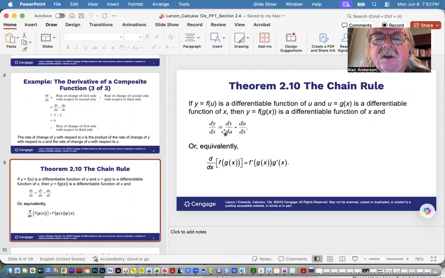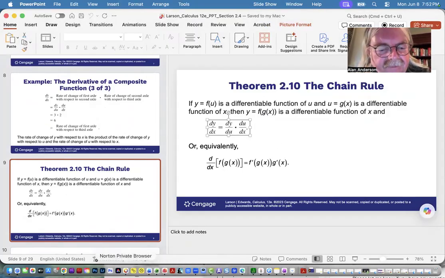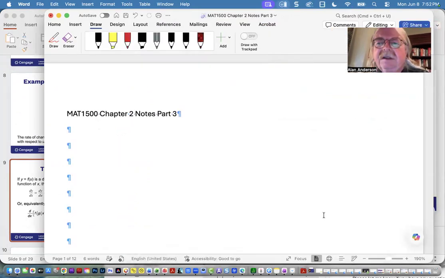So we'll start by noting here that we have two different ways of expressing a derivative, at least that we know of. And the ones that we're most likely to use are f prime of x and dy dx.